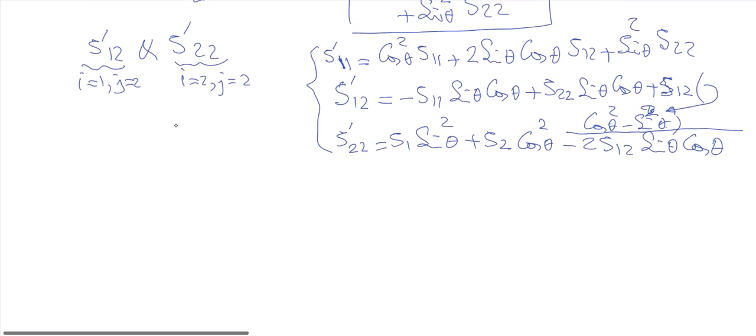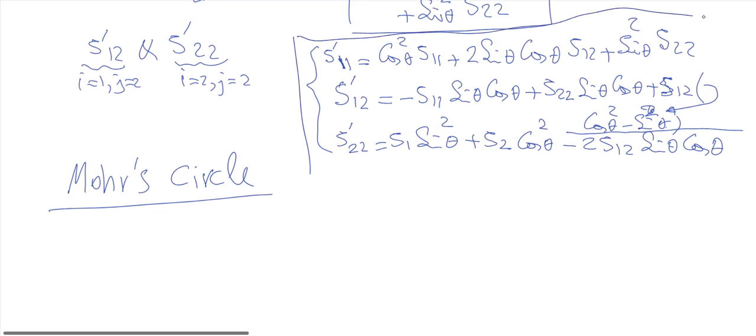Now, Mohr, who was an engineer, looked at these equations. When you look at these equations and pay attention, you see that you have a lot of cosine theta square, 2 sine theta cosine theta, sine theta square.